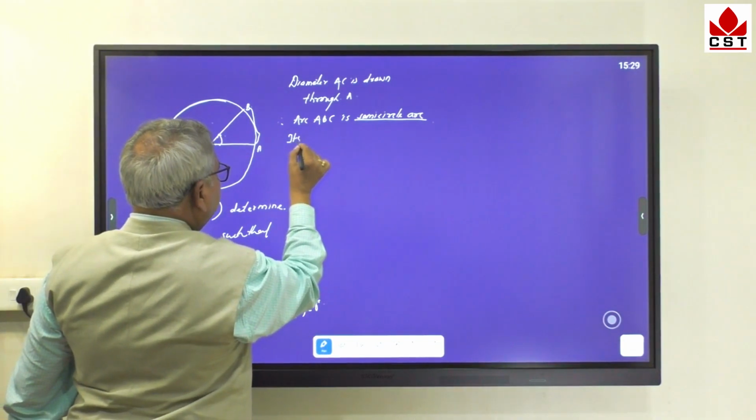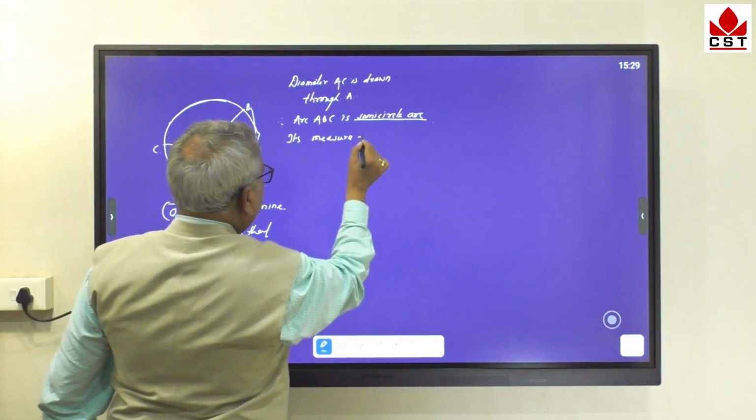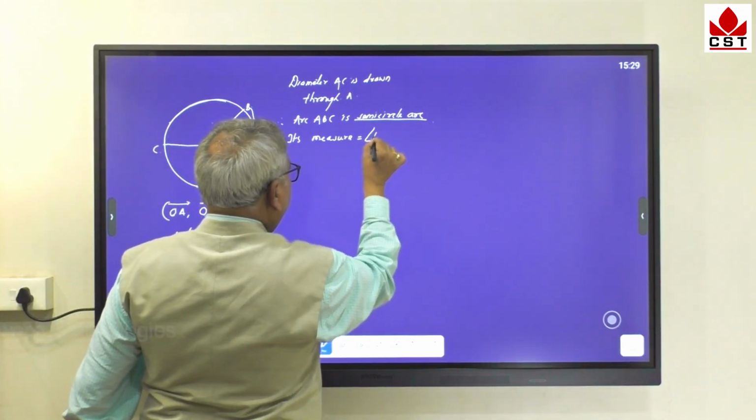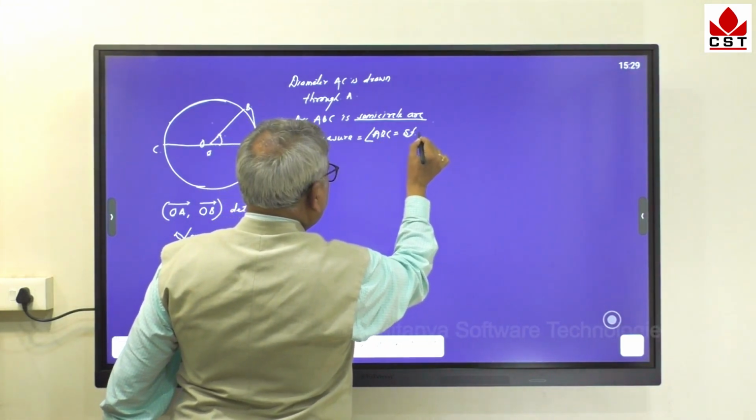Its measure is equal to directed angle AOC, which is a straight angle.